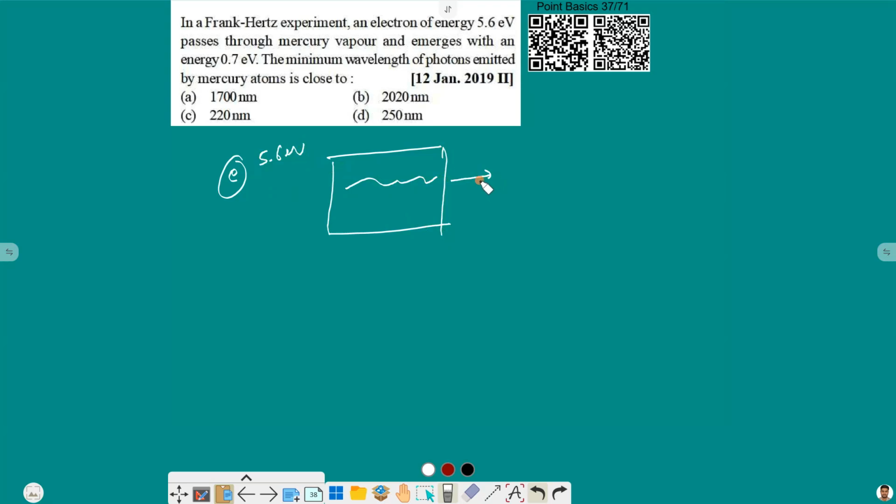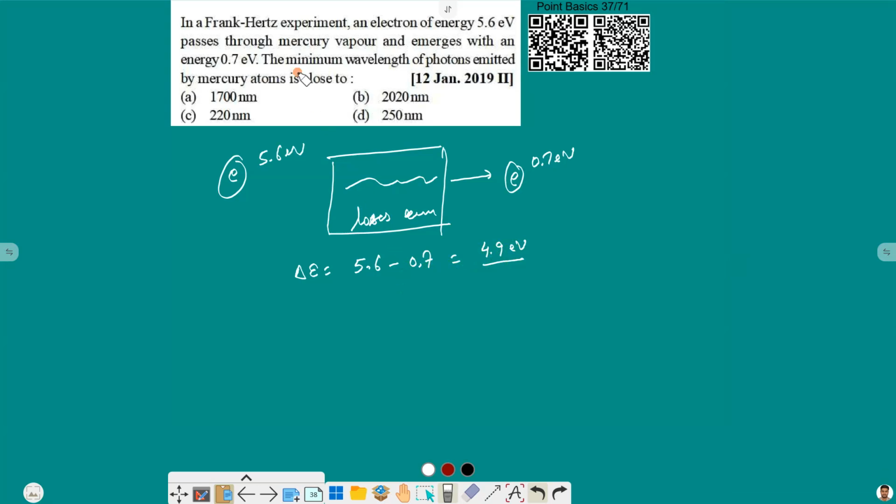After it comes out, its energy is 0.7 electron volt, meaning it loses energy. Assuming no loss due to heat or thermal effect, that loss in energy delta E will be 5.6 minus 0.7, that is 4.9 electron volt.